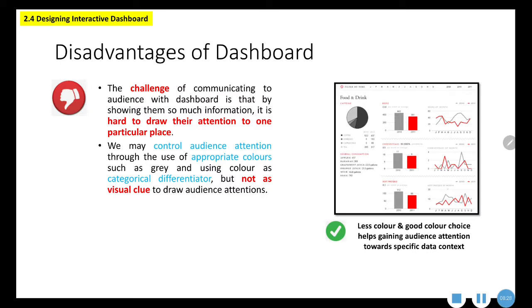For example, this red color can create audience attention towards the specific data context. We actually want to stress the year 2011, so we put that appealing color, that is red. The gray ones are not what we want the audience to look into in detail. So this is what we meant by using the right color.